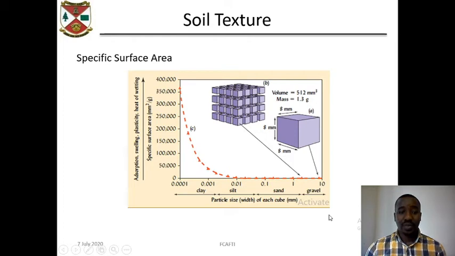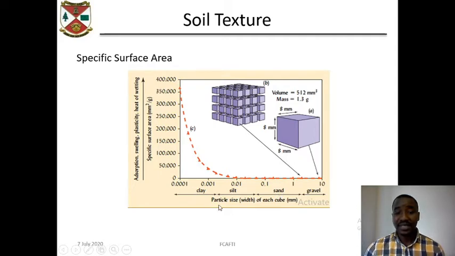Now if we look at this figure again, on your y-axis it shows us the specific surface area in square millimeters per gram, and on the x-axis it shows us the particle sizes. Our smallest particles are clays, followed by silt, followed by sand, and in this figure they included gravel, which is larger than sand.